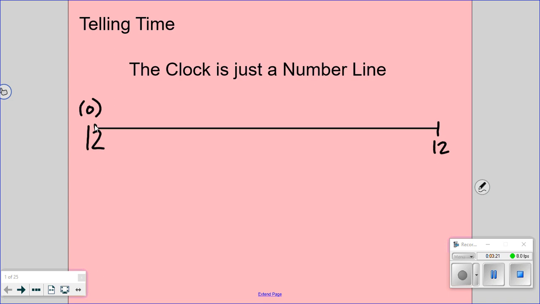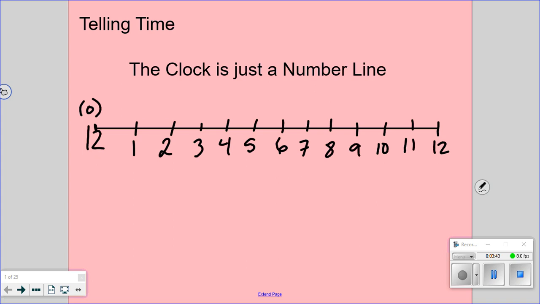So, like, if you're looking at a clock and it starts at 12, it goes all the way around and then ends at 12. So what comes after 12? 1. Then 2, 3, 4, 5, 6, 7, 8, 9, 10, 11, 12.